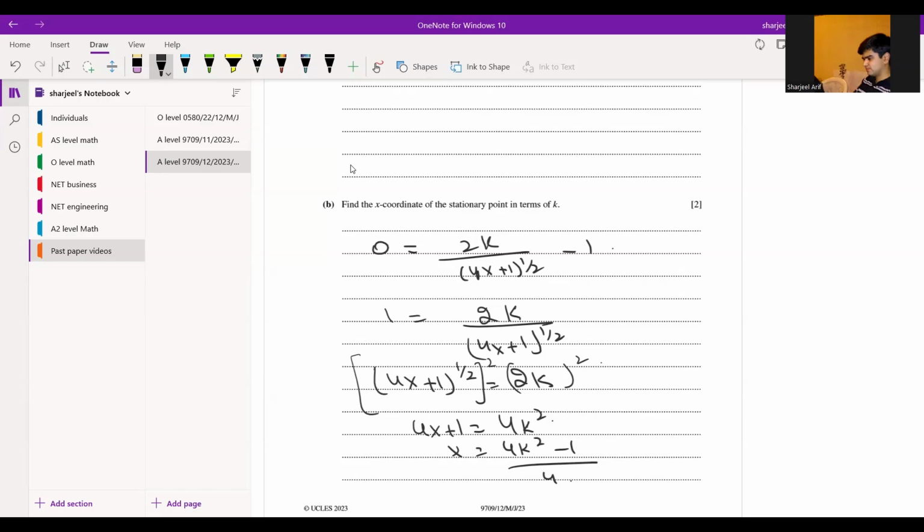So the answer should be in terms of k, which we have.